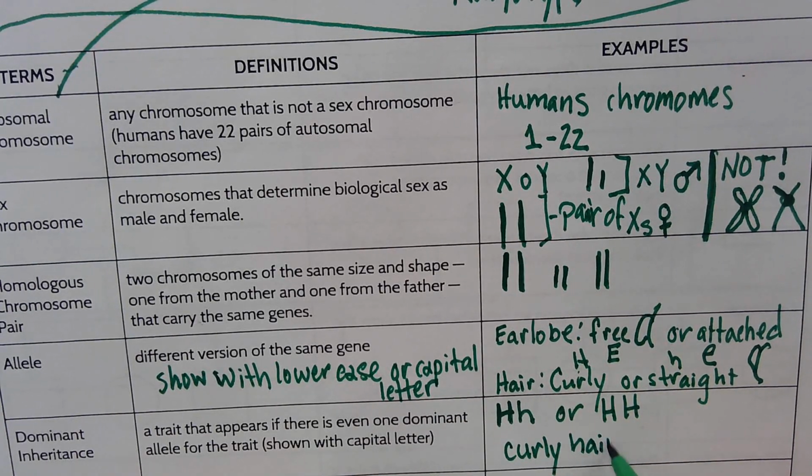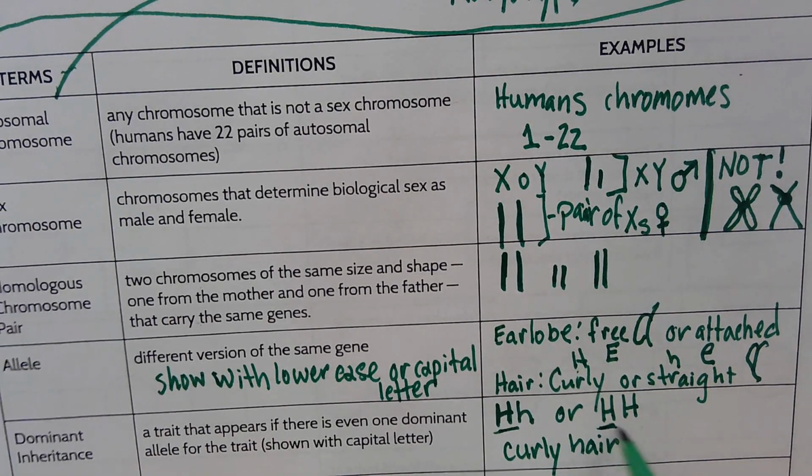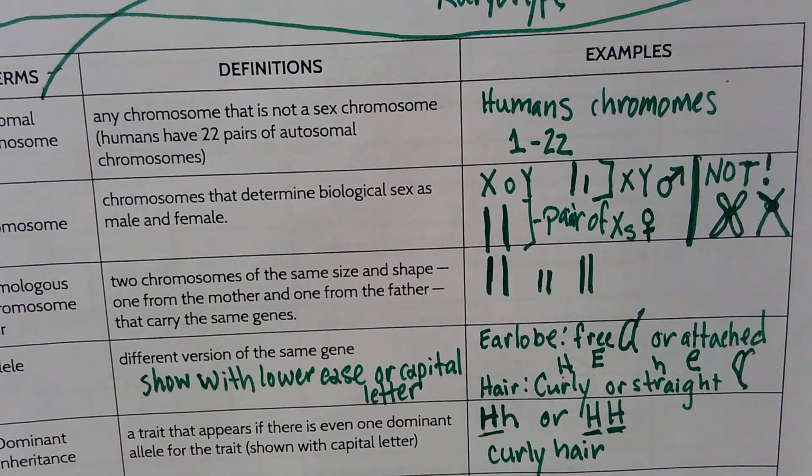So it doesn't matter if there's 1 or 2. It's dominant. If it's there at all, it's taking over, and that's what it's going to be. If it's 2 lowercase h's, then no.